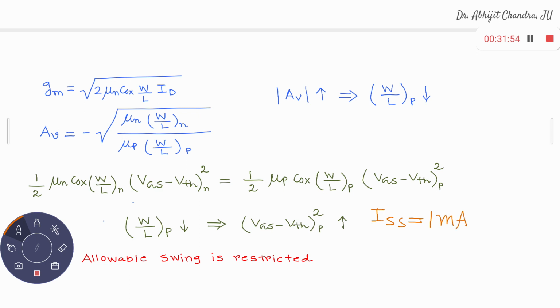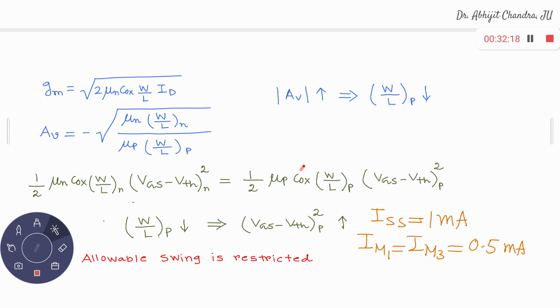That is the bias current. So for M1 and M3, IM1 is equal to IM3. That means the drain current flowing through this is nothing but 0.5 milliampere under DC condition. 0.5 milliampere only. So this 0.5 milliampere is equal to this much.